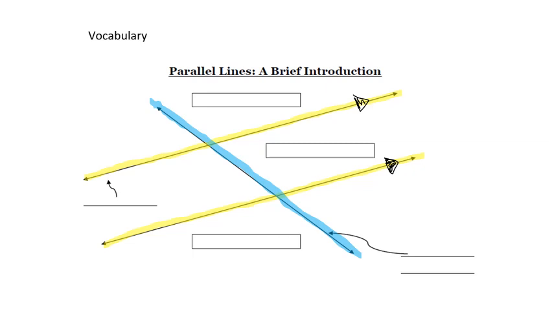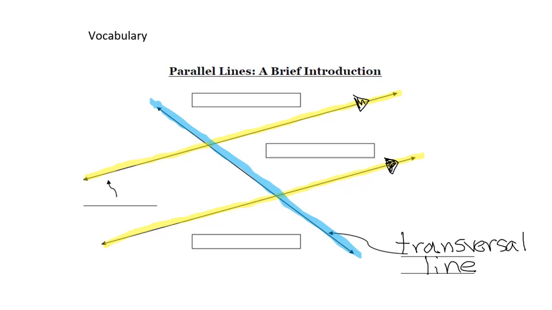And this is what we call a transversal line. And all that means is that the blue line is crossing the two yellow parallel lines.